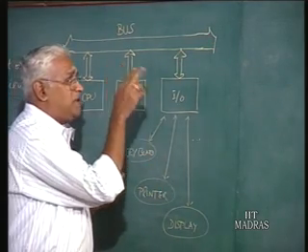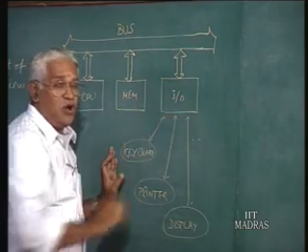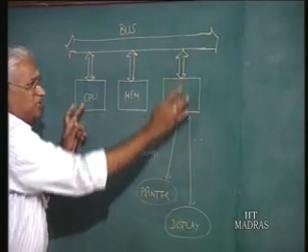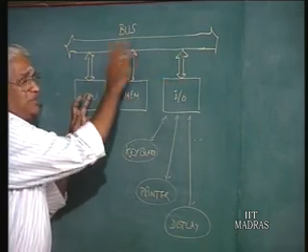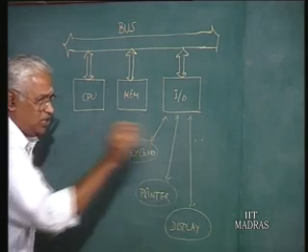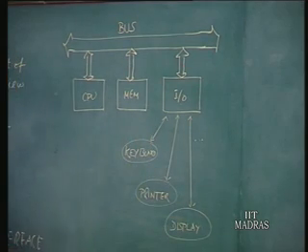So we bring in this interface, which is why it is called an interface, so that the communication at this point is at electronic speed, whatever may be the speed at which these devices actually operate.